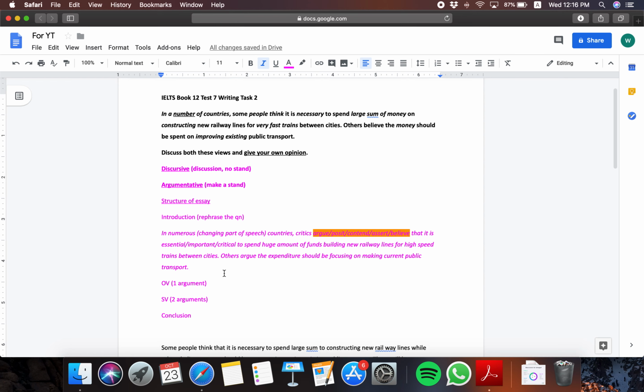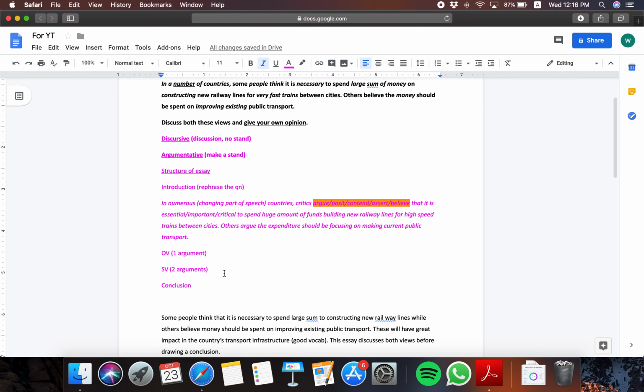Our introduction is done, but not quite until we make our stand. So this is your own view. While both views are valid, I contend that, just make a stand.